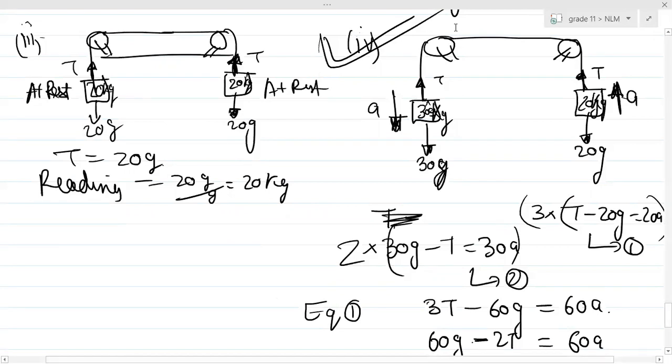All of the questions you have done till now are the basic ones. You should know how to make these force equations. These equations are called force equations.